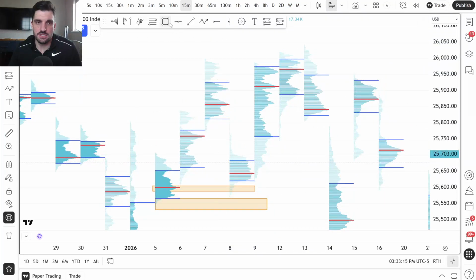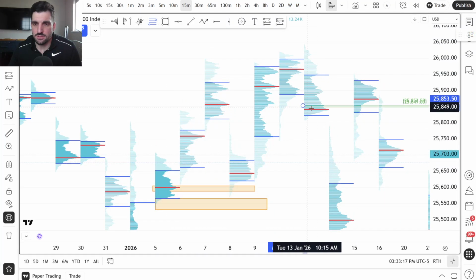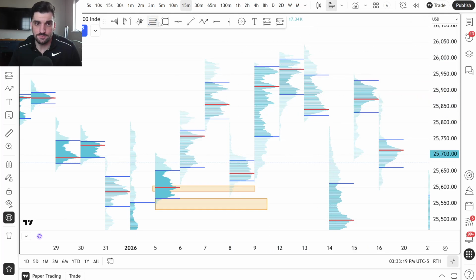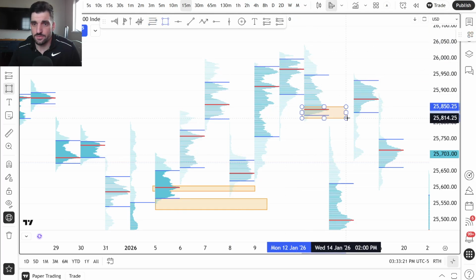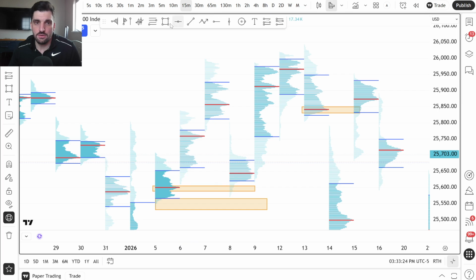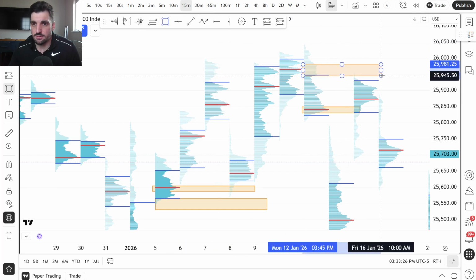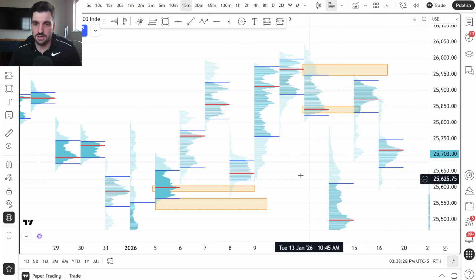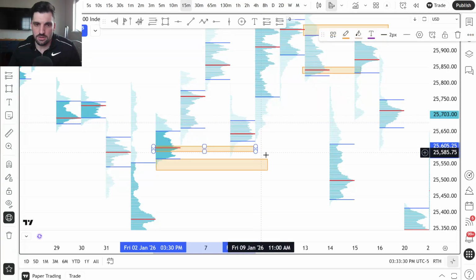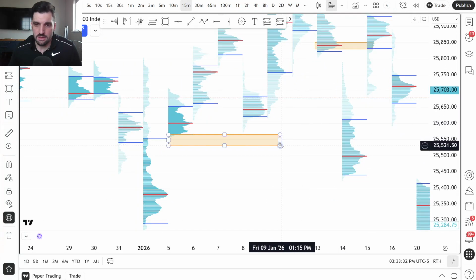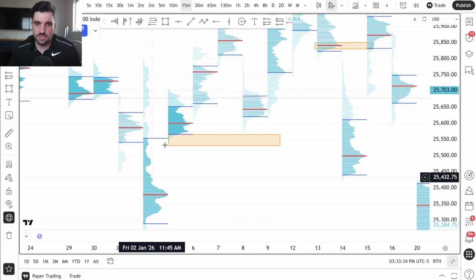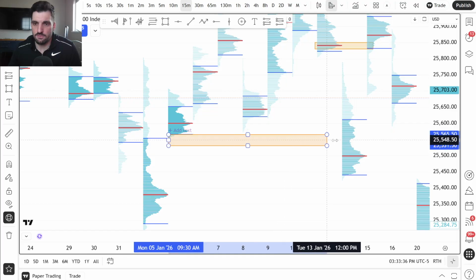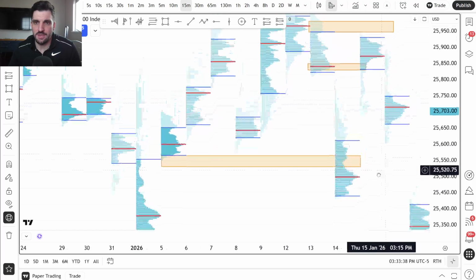So then it becomes important for the sellers to defend either the point of control, right? Or the premium priced areas, right? The premium priced areas. And we have this other level down below here, which is where we saw that first shift up in value, which is important for the buyers to defend, okay?